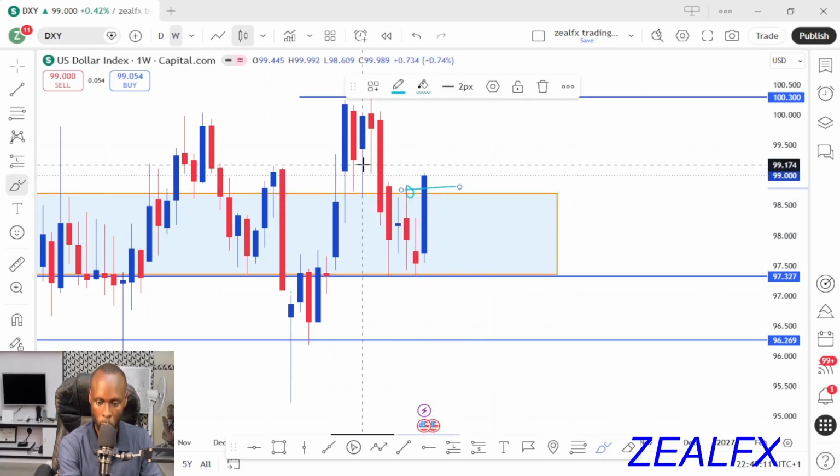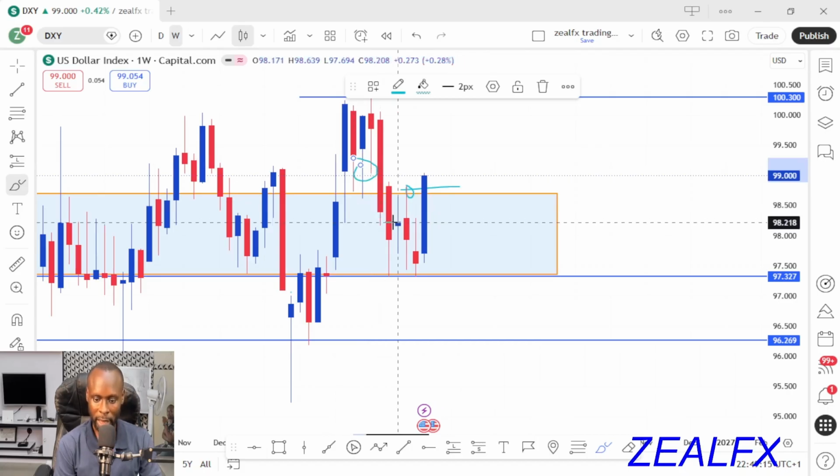Then price also closed on this resistance level. So you can see that the same thing that happened on the Euro is also happening now on the DXY. Price closed on a resistance. Price converted a resistance to support. This is not clear information to trade. We need clear information to trade on the DXY.